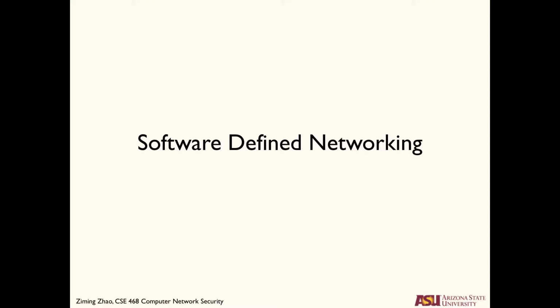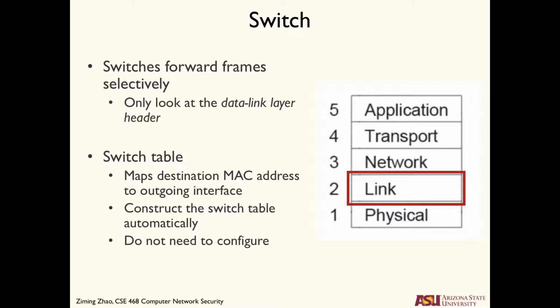And the very important thing is we need to redefine what a switch is. Previously we talked about switches. We said that a switch is a data link layer device. Switches only look at data link layer headers. They forward frames, and they use a switch table to map destination MAC address to an outgoing interface.